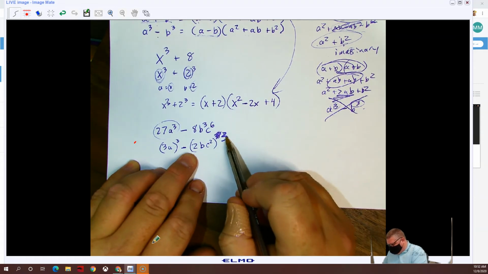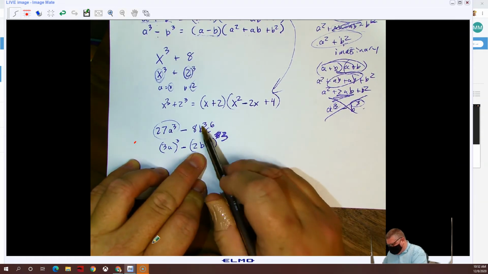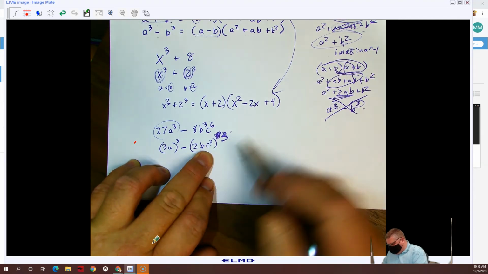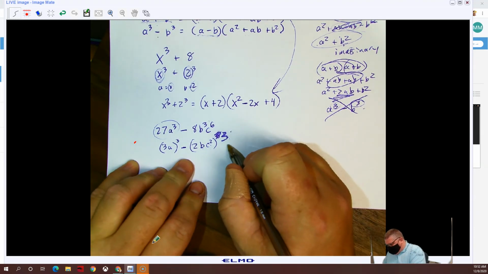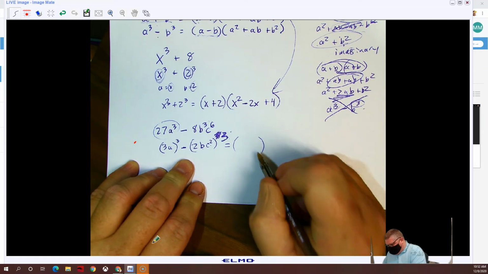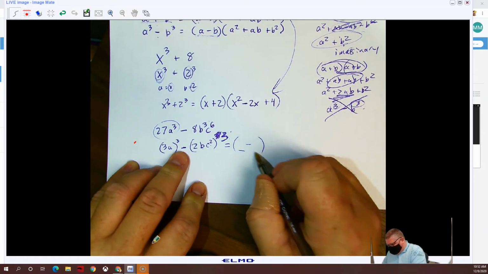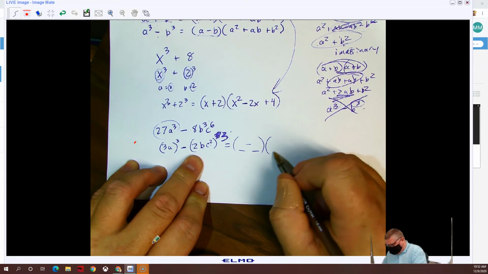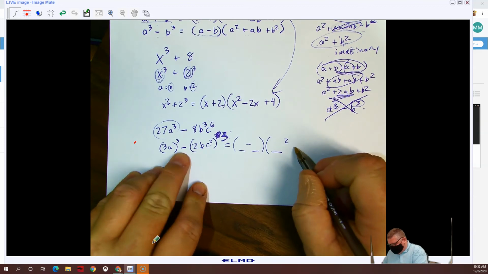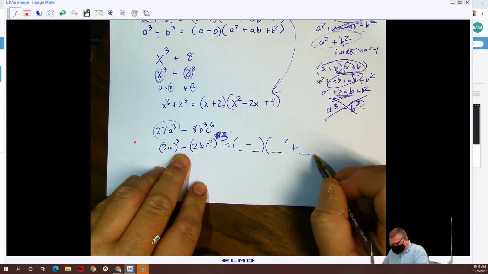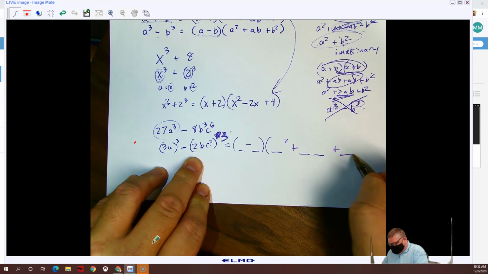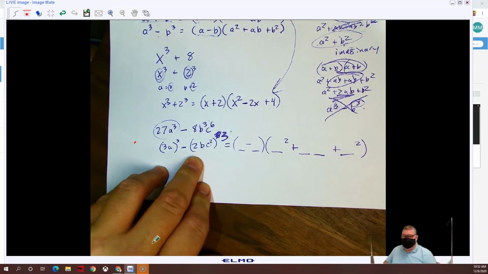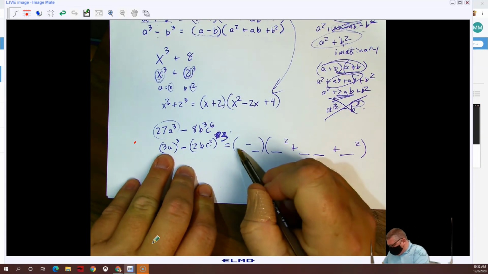Now let's see if that works. 2 cubed is 8, b cubed, c to the 6th. Yeah, it works out. So let's put it into our format. So it's going to be something minus something, parentheses, something squared. Since that's minus, this is plus something times something, plus something squared again. With that in mind, what goes in here?